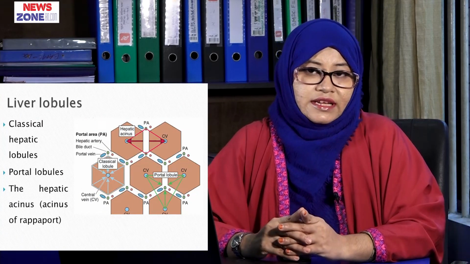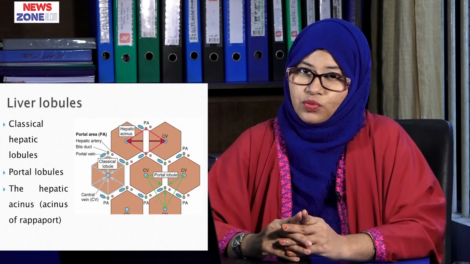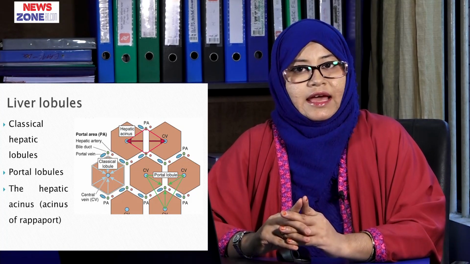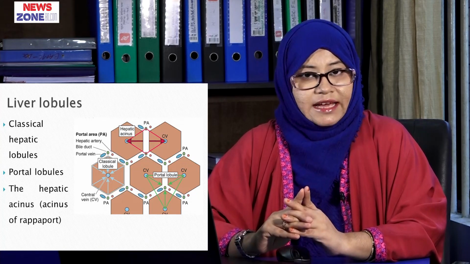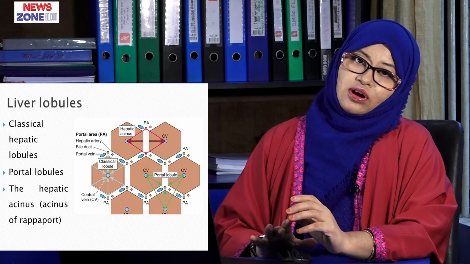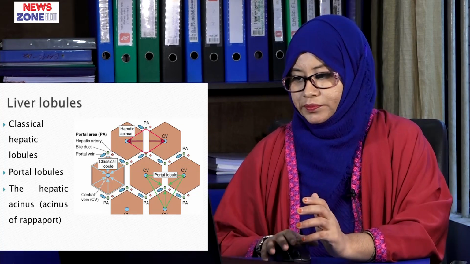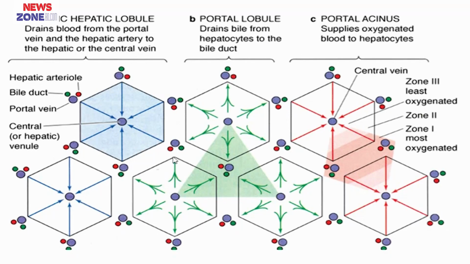Liver lobules. There are three types: the classical hepatic lobule, the portal lobule, and the portal or hepatic acinus, or acinus of Rappaport. In this figure, we can see this is a classical hepatic lobule which is hexagonal in shape and contains a central vein in its center, and on its periphery there are portal triads.